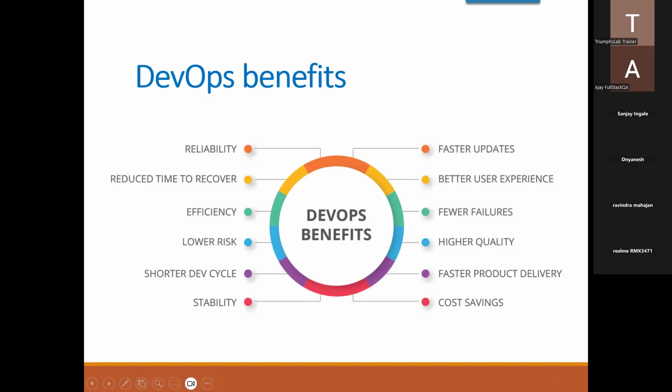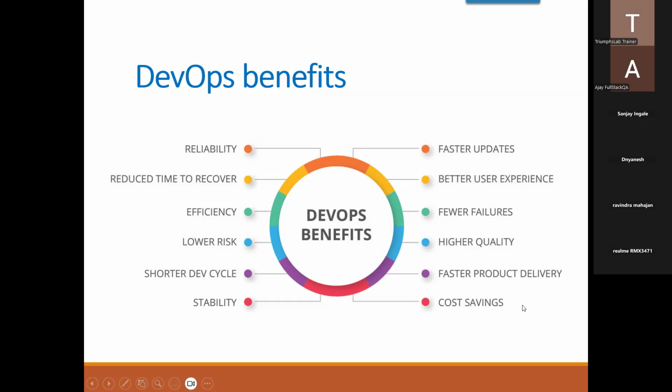So let's think of the benefits of following a DevOps practice in your software company or any software company. First is reliability, then reduced time to recover, efficiency, lower risk, shorter development lifecycle, stability, faster updates, better user experience, fewer failures, higher quality, faster product delivery, and cost savings.